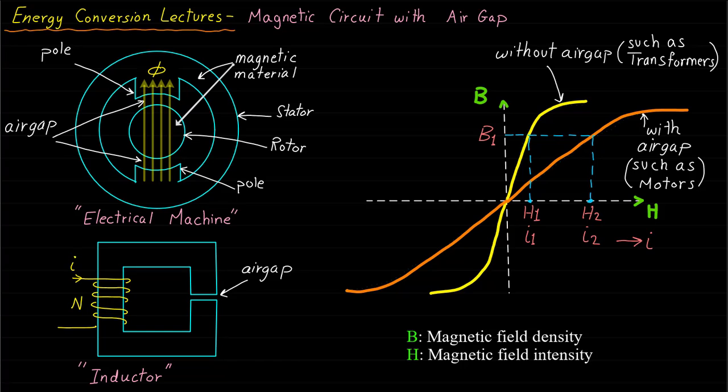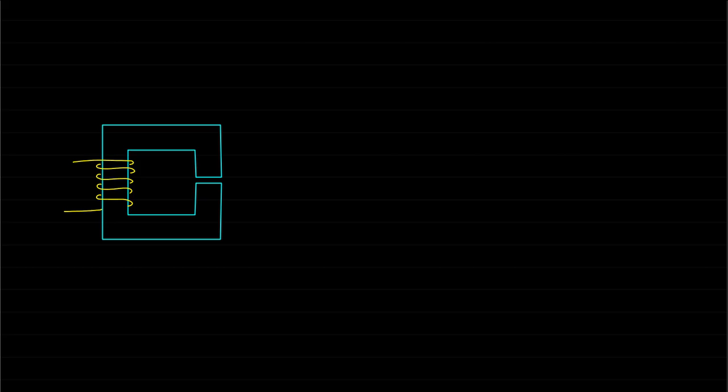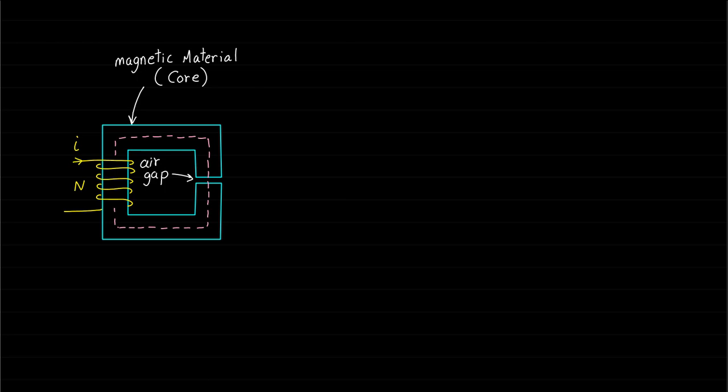To understand how the magnetic field behaves when there is an air gap in a magnetic circuit, let's assume we have the following magnetic circuit that consists of a magnetic core and an air gap. In previous lectures, we assumed that the magnetic field lines are confined and uniformly distributed within the magnetic material and the air gap.